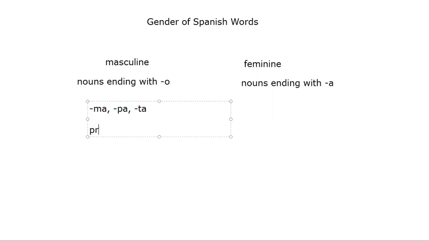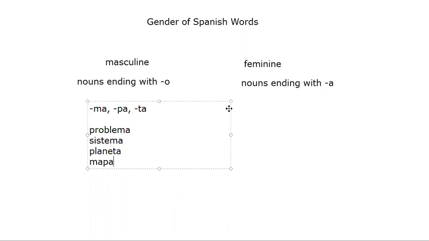Some examples are problema, sistema, a lot of ma, not as many of the others. Planeta, mapa for a pa word. So these are exceptions. It's not the case that all the time if it ends with ma, pa, or ta, it's going to be masculine, but often it will be.